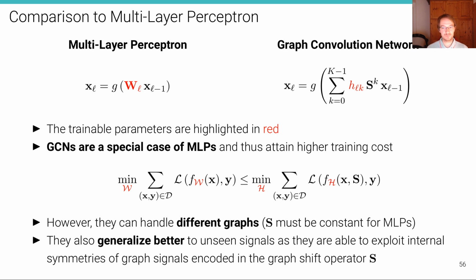We can do the convolution on different graphs because S informs the model about the structure of the graph. We're always projecting through S, so the dimensionality of X is linked to S and not to some generic globally trained parameter matrix W. So this is the beauty about graph convolutions.